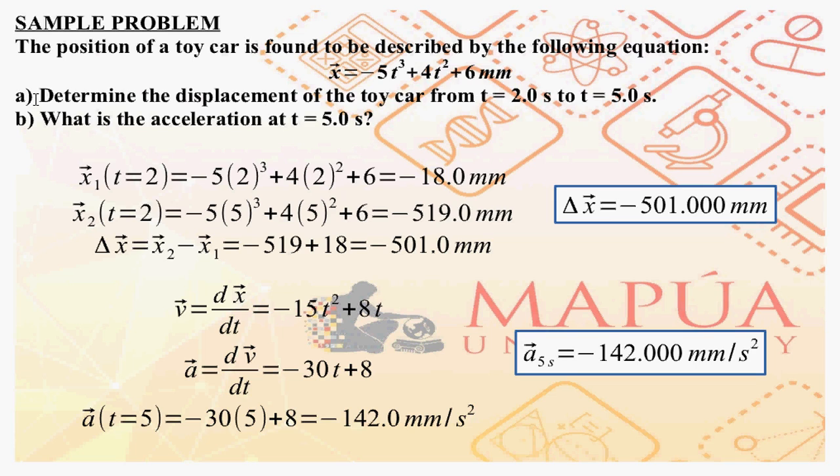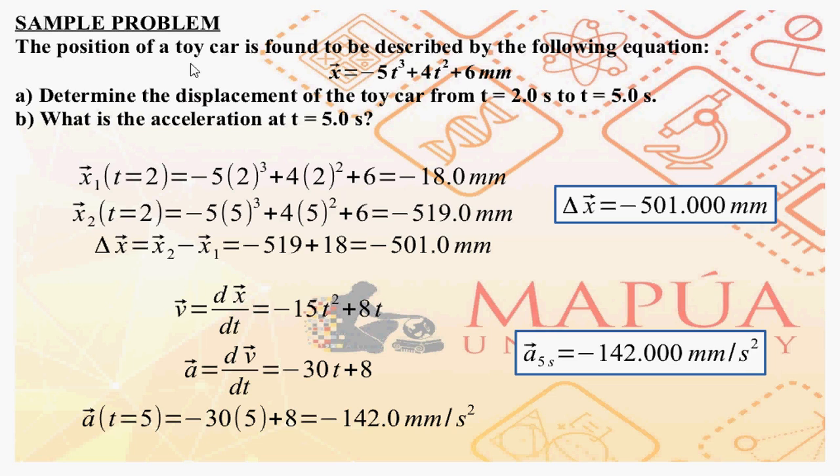Letter A: determine the displacement of the toy car from t is equal to 2 seconds to t is equal to 5 seconds. Displacement is change in position. So all you need to do is determine the initial position and the final position of the toy car. Get the change in position, final position minus initial position.